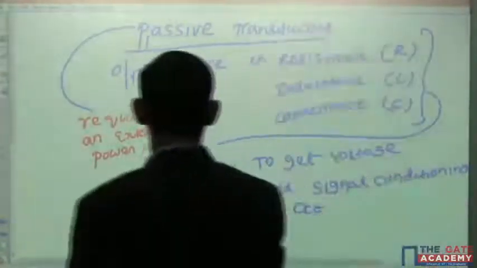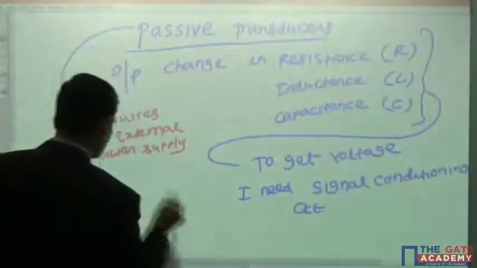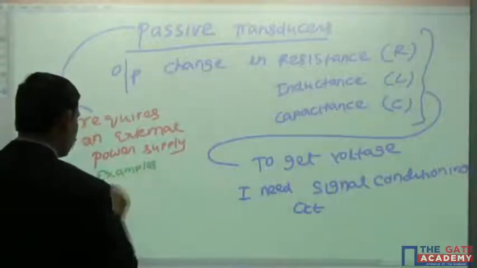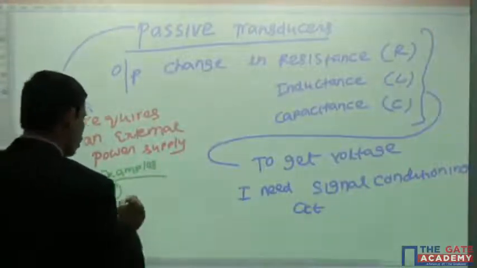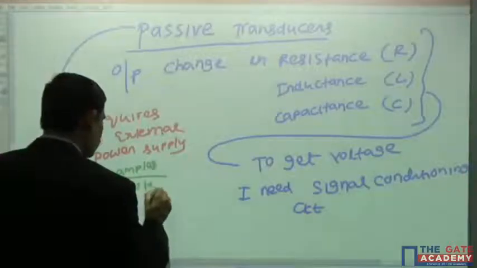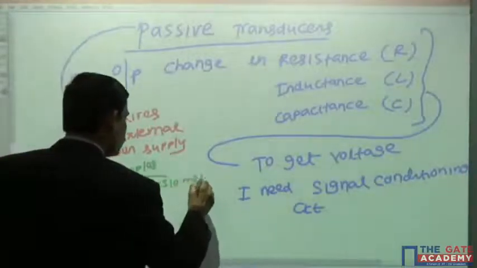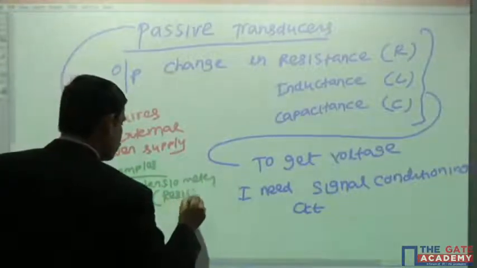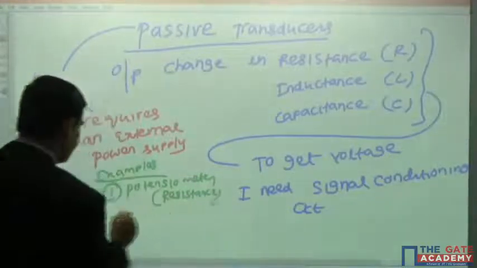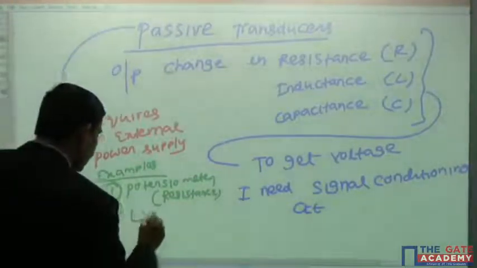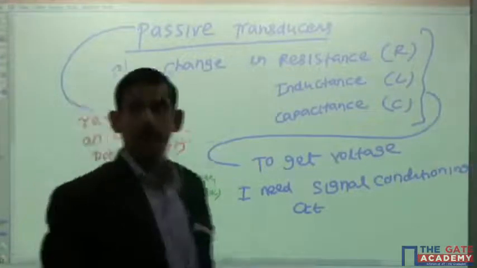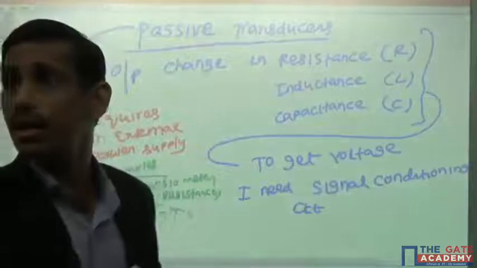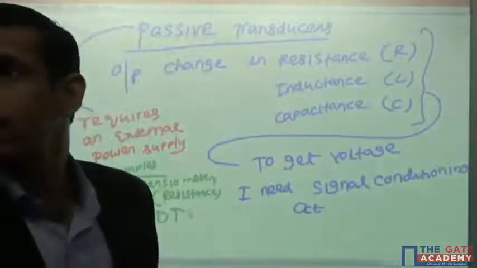What are the examples of passive transducers? First one is potentiometer, which is for resistance type. Next, LVDT, which means linear variable differential transformer.